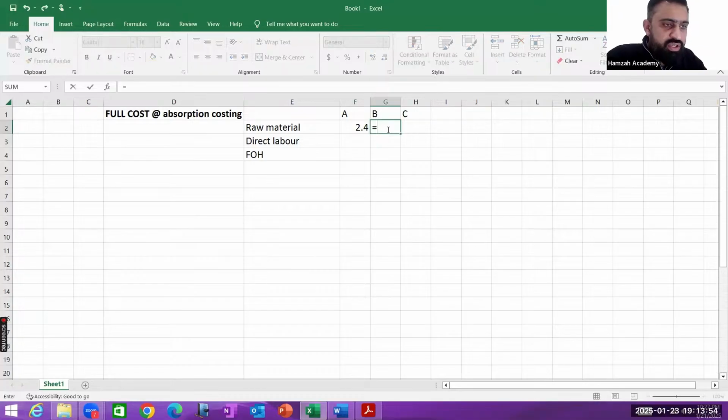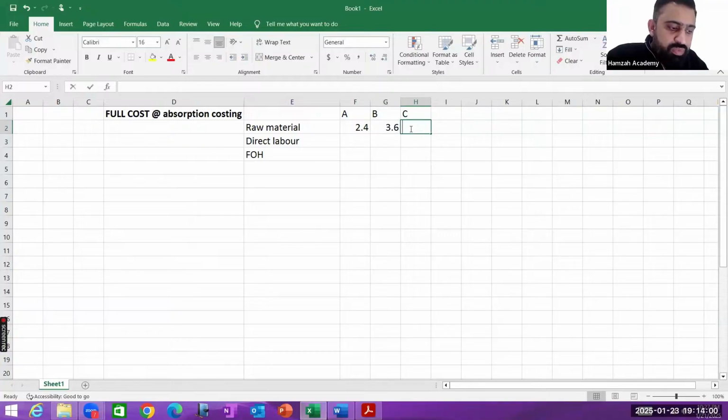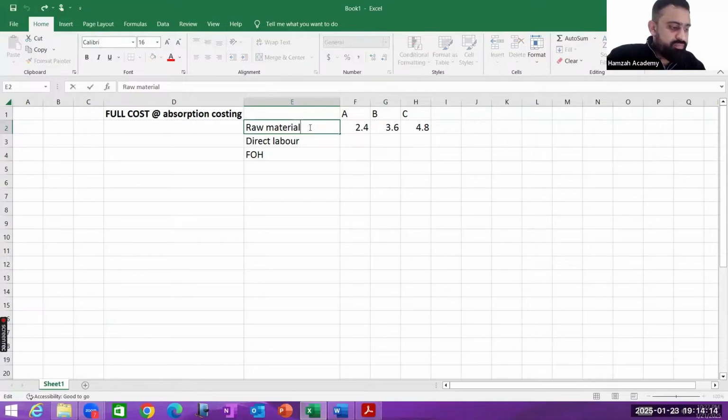For product B, it will be 3 into 1.2. And for product C, it will be 4 kg into 1.2. So that would be the raw material cost per unit, in terms of dollars per unit.